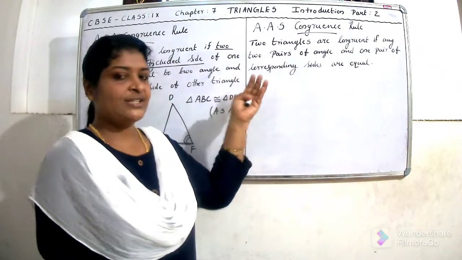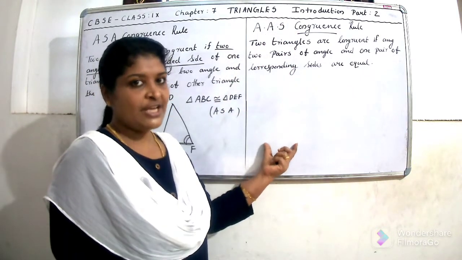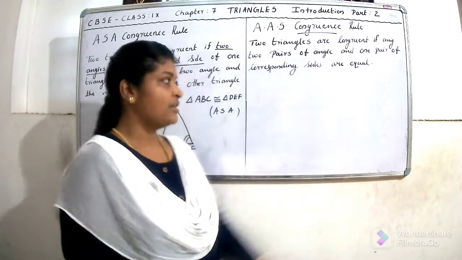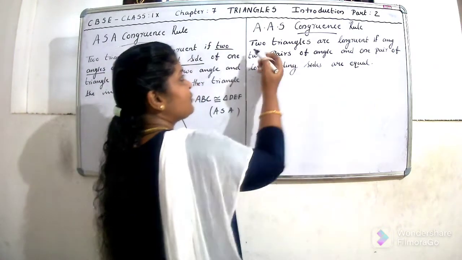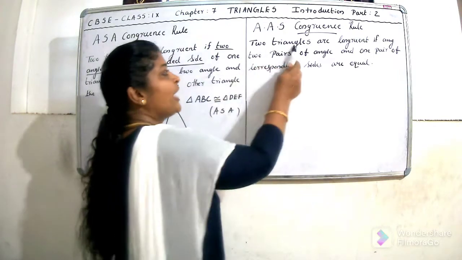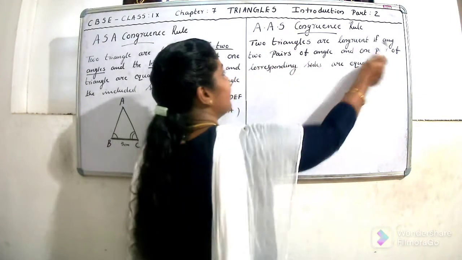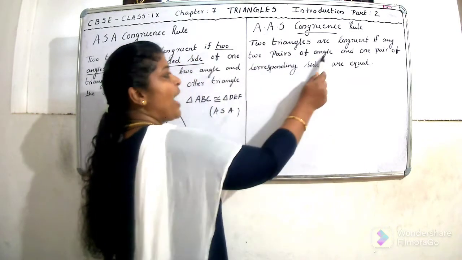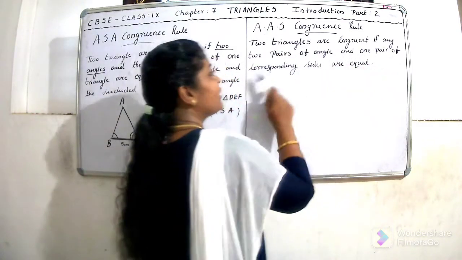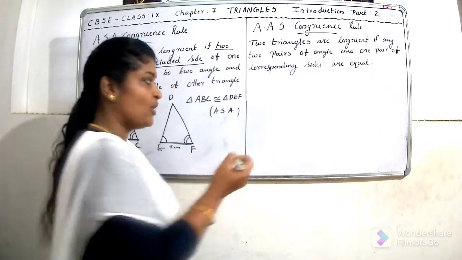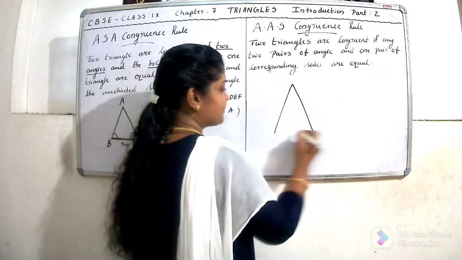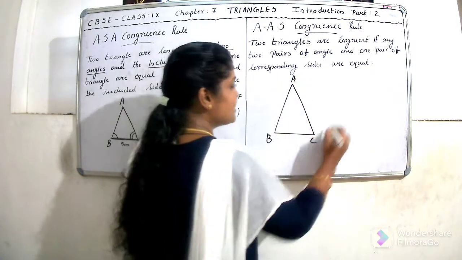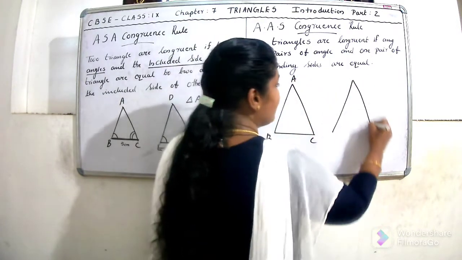Now come to the next congruency rule, AAS. Two triangles are congruent if any two pairs of angles, look, two angles are here, and one pair of corresponding sides are equal. That means let the two triangles be triangle ABC and triangle DEF.